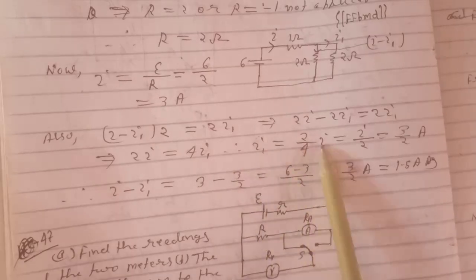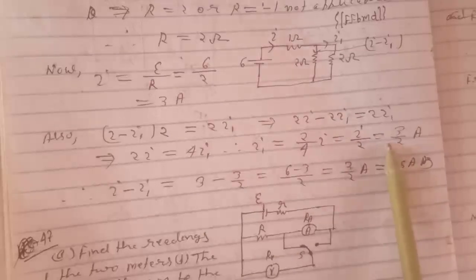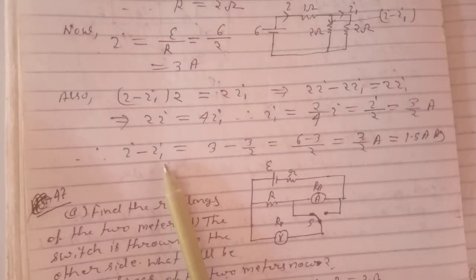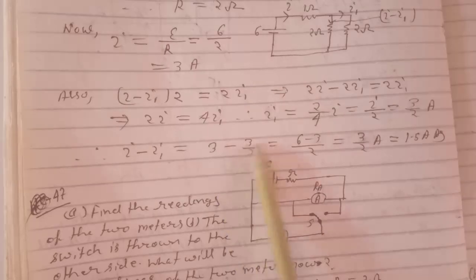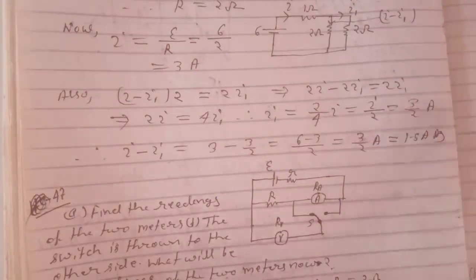Hence I1 equals 2 by 4 I, equals I by 2. And the value of I is 3, so it equals 3 by 2 ampere. Hence I minus I1 equals 3 minus 3 by 2, equals 6 minus 3 by 2, equals 3 by 2 ampere, 1.5 ampere. Answer.